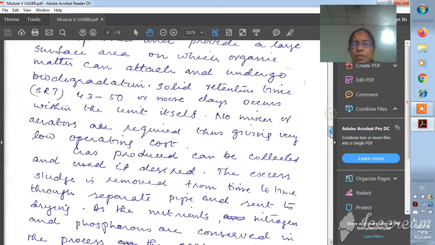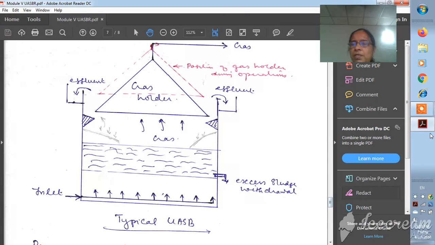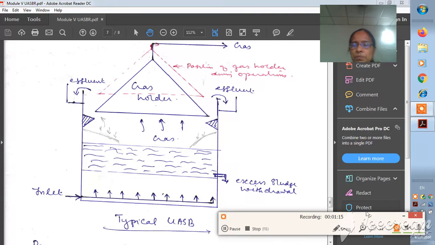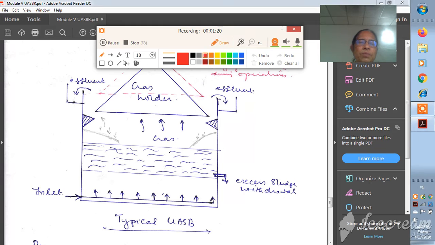Now look at this picture again, the sketch. So now what is written here? It is written here that the inlet is coming from the outlet of the grit removal chamber.